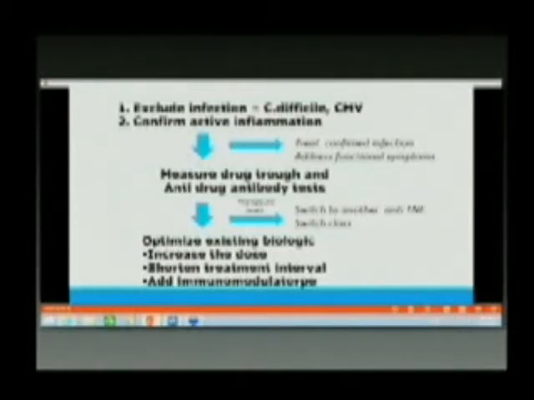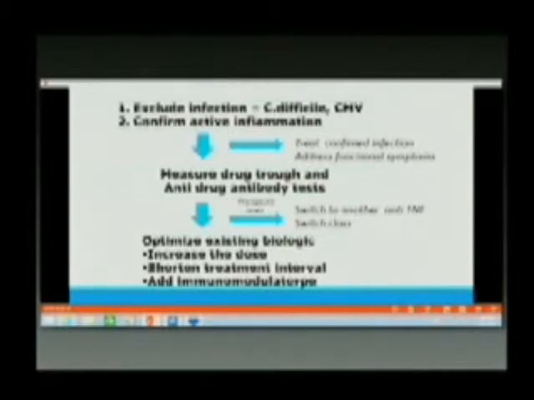If there's active inflammation, you measure your drug trough levels and your anti-drug antibody test. If your drug trough levels are therapeutic, then it means you've got a disease which is resistant to the TNF. You either switch class or you switch to another TNF agent.